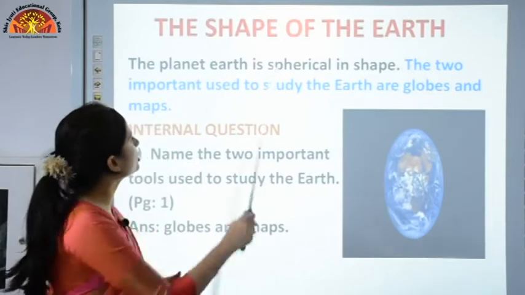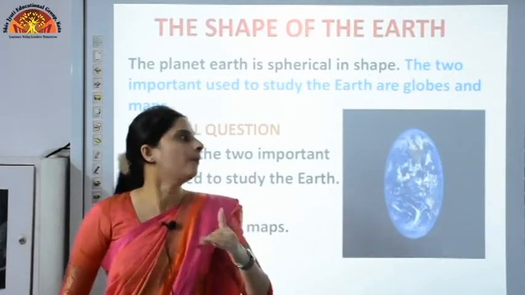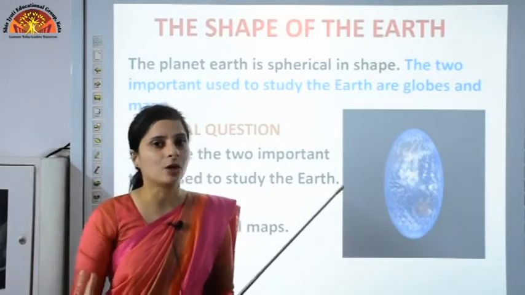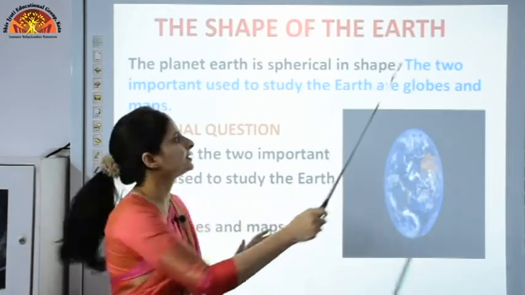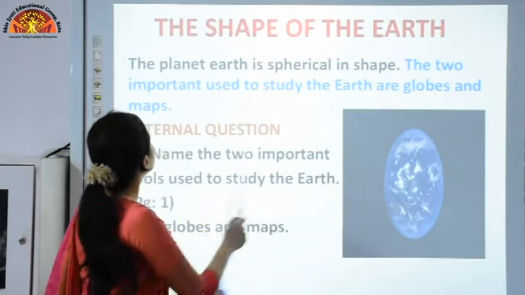But actually the shape of the earth is spherical. It is flattened at the top and bottom. As it is very difficult to study the earth as a whole, there are two tools discovered by the geographers. The two important tools used to study the earth are globes and maps.